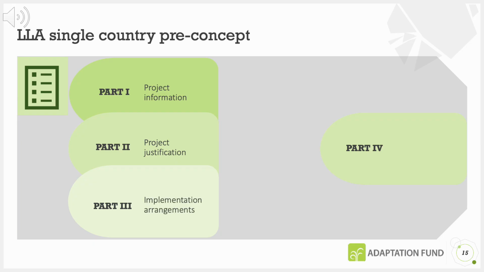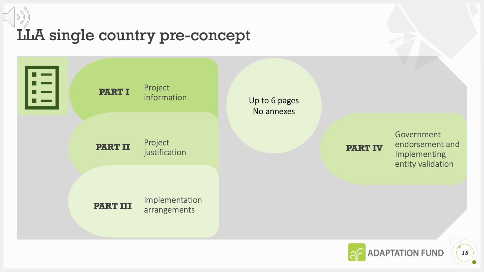Implementation Arrangements. And Part 4. Endorsement by governments and certification by the implementing entity. The length of the proposal should not exceed 6 pages. A maximum of 20% of the PFG, up to $30,000, may be requested with the pre-concept.